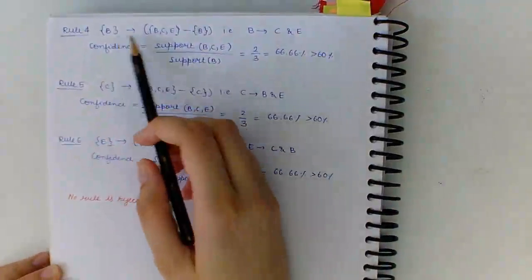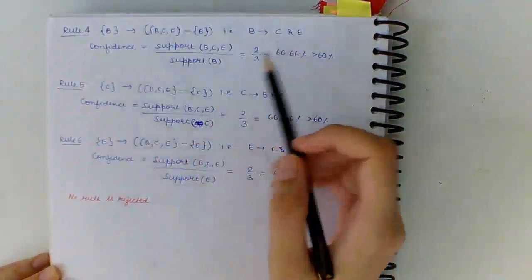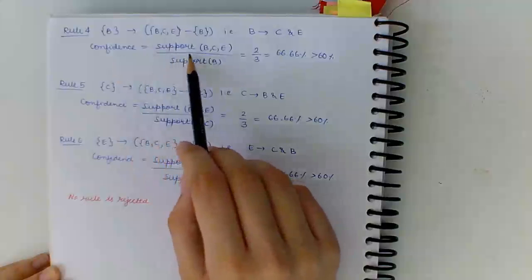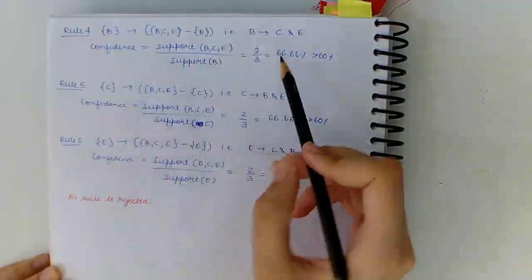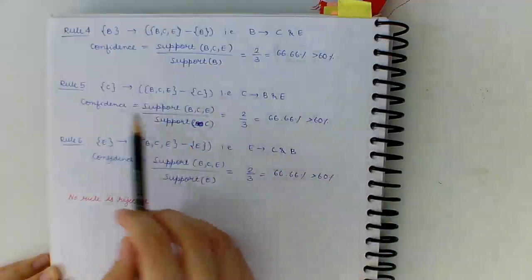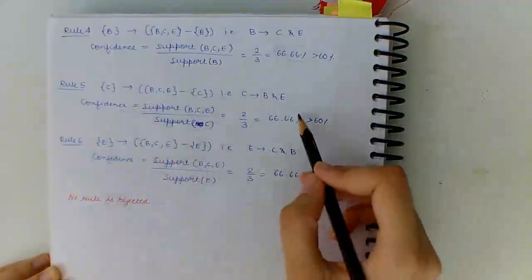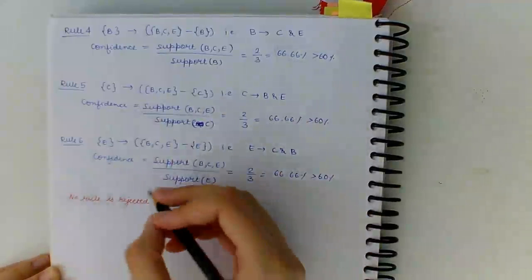Now moving on to rule 4, B gives BCE minus B, that is B gives C and E. The confidence is given by the support of BCE divided by the support of B, which is 2 by 3, 66.66%. Similarly, we solve this for C and E and get 66.66% for both of them.